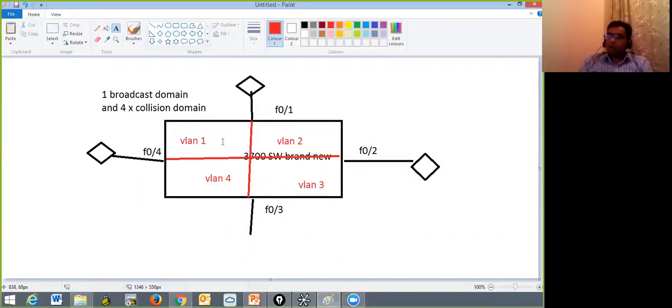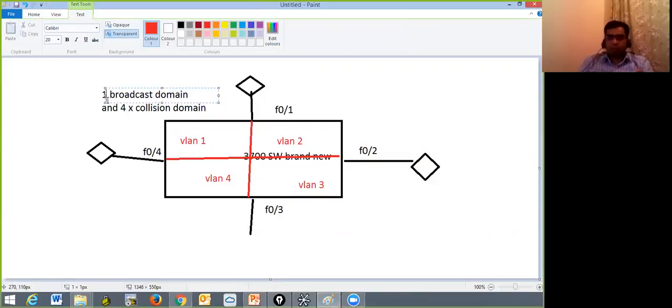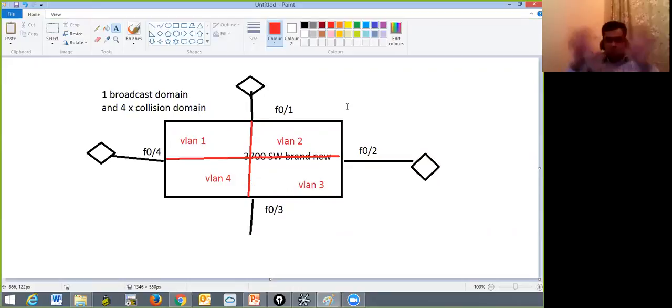So now tell me what we achieved here. We achieved security. We also achieved broadcast domains. Now we can say it's 4 broadcast domains, 4 collision domains, because we have partitioned the switch in such a way that by default the traffic from VLAN 1 cannot go to VLAN 2.